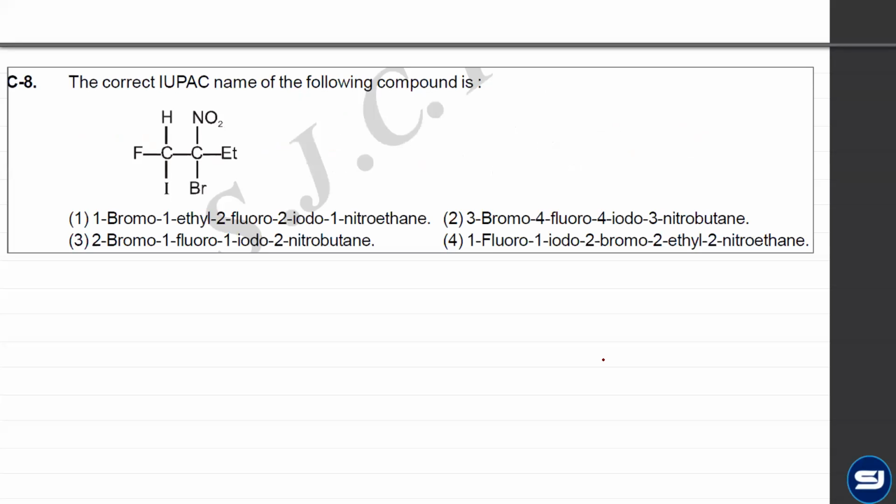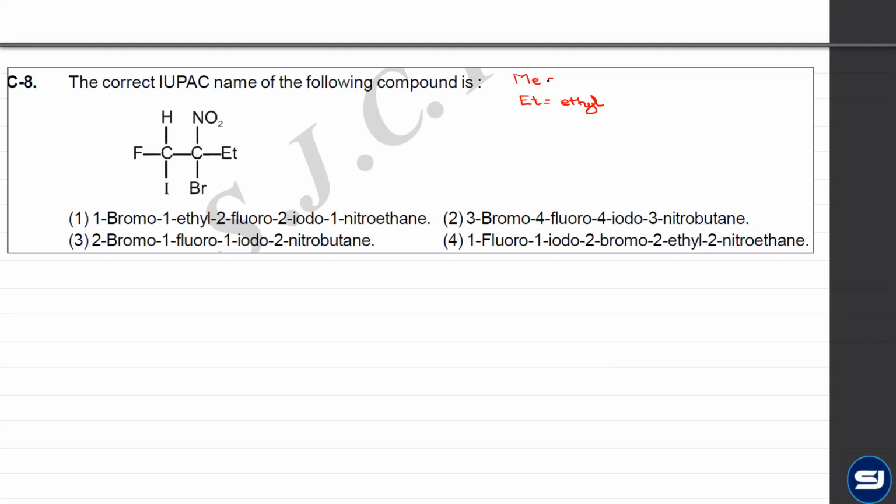Next, the correct IUPAC name of the following compound is. What are the groups you observe? What is Et? Ethyl. It's an abbreviation for the ethyl group C2H5 or CH2CH3.